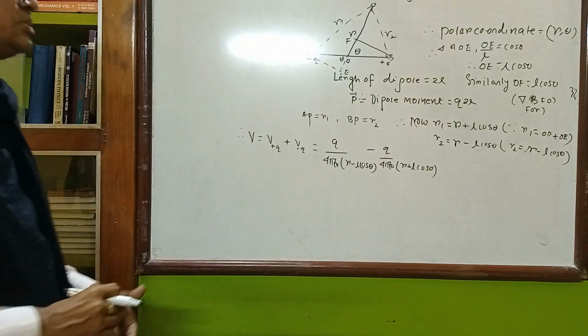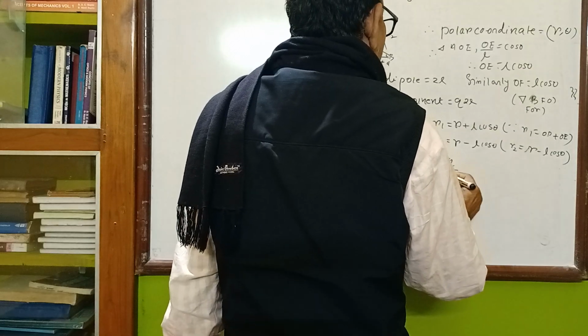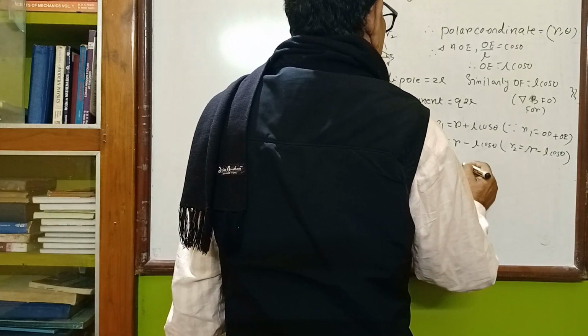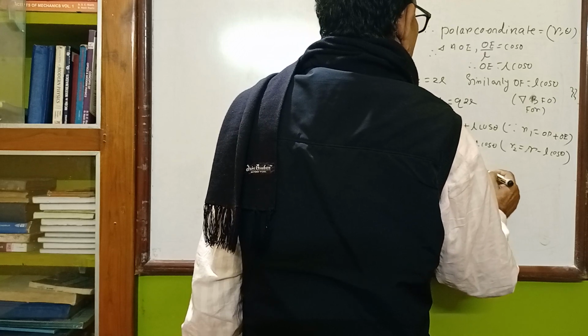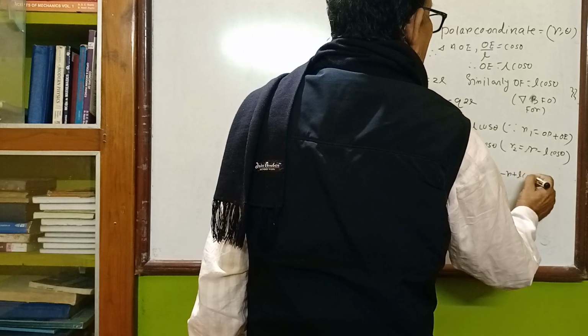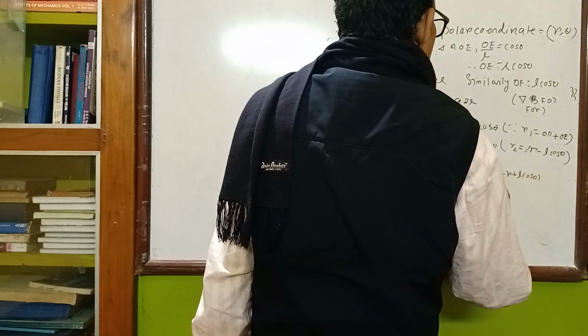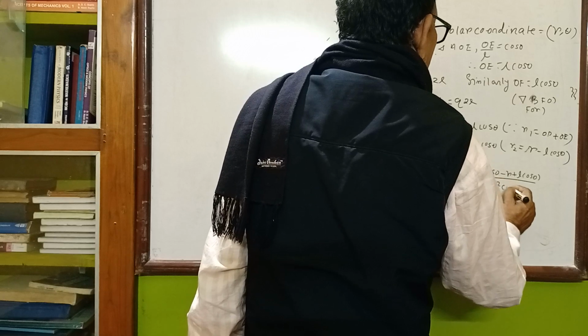Clear? So you take q by 4 pi epsilon naught common, you are getting r plus L cos theta minus r minus L cos theta, and the denominator is coming r square minus L square cos square theta.